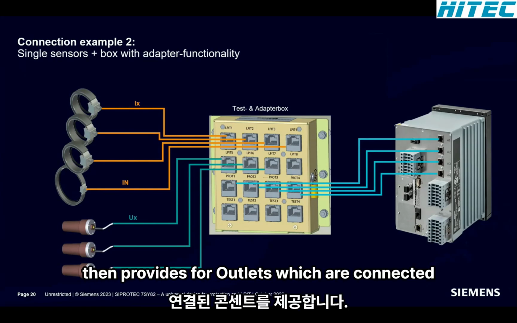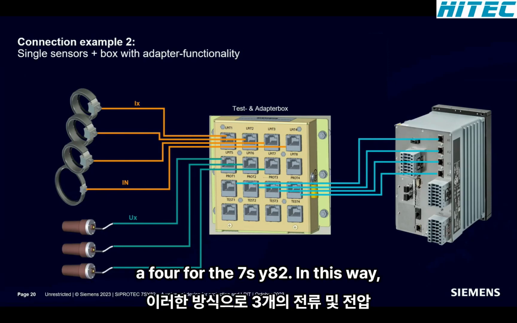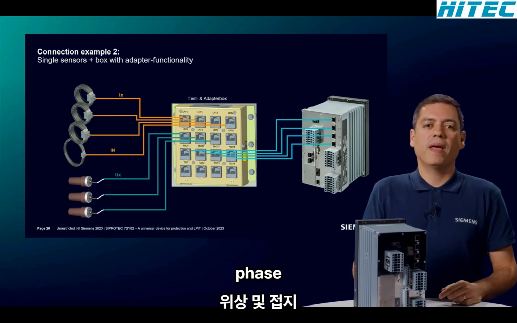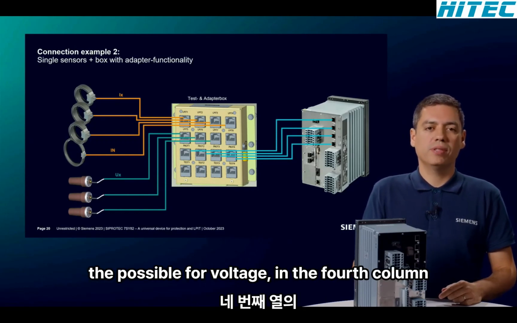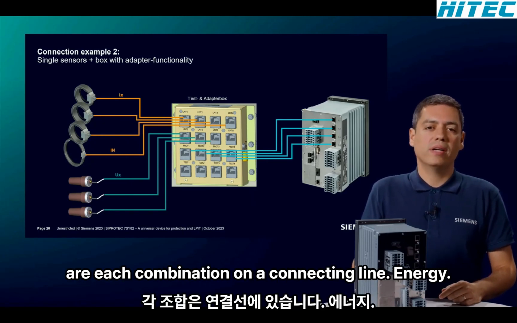The third line then provides 4 outlets, which are connected to the inputs A1 to A4 of the 7SY82. In this way, the 3 current and voltage signals of each phase, as well as the signals of the earth current and the possible 4th voltage in the 4th column, are each combined on a connecting line.